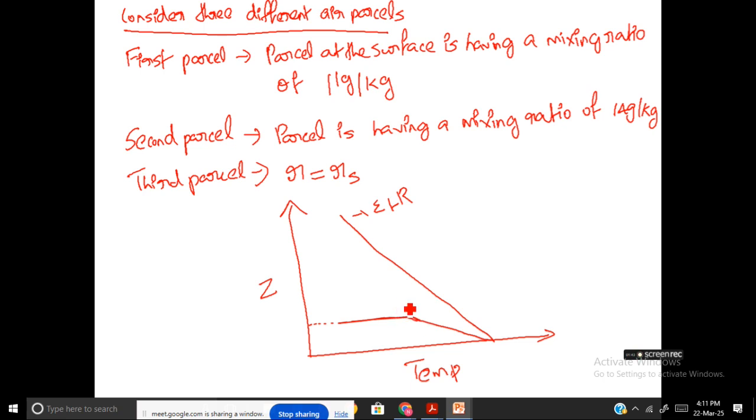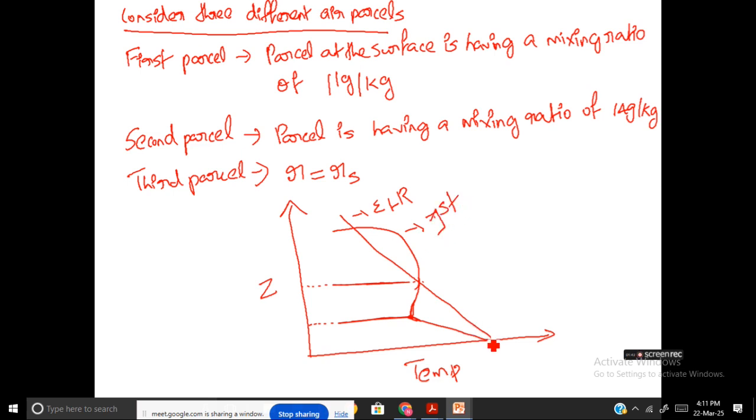So 11 gram per kilogram, the R will become saturation mixing ratio. R will become RS, and then condensation starts to begin. The temperature slowly starts increasing, and it will exceed that of the environmental temperature above LFC. So this is the first parcel.